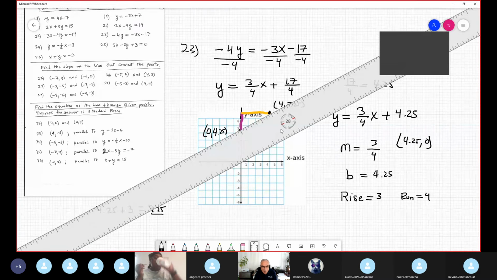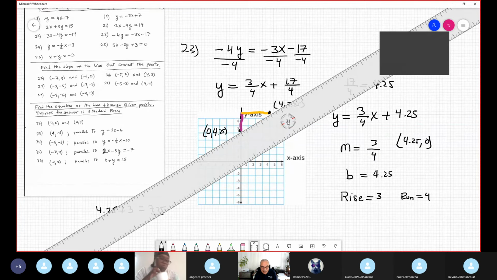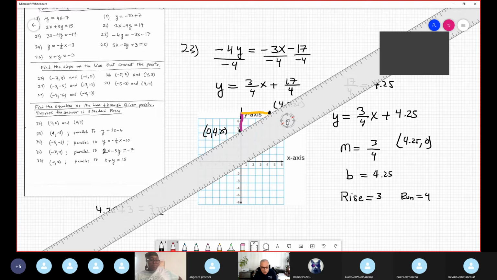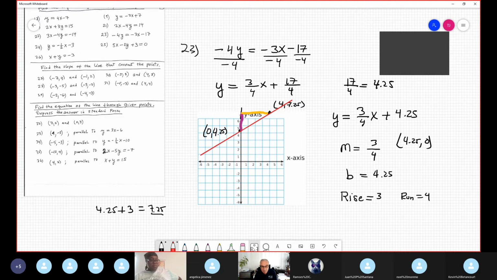So not always do we have an elegant equation. You need to manipulate algebraically in order to express it in the way you want to see much better. This is the line that represents this original equation.